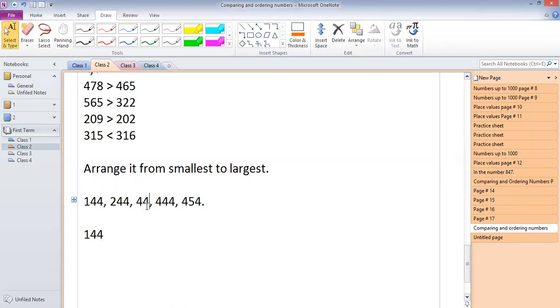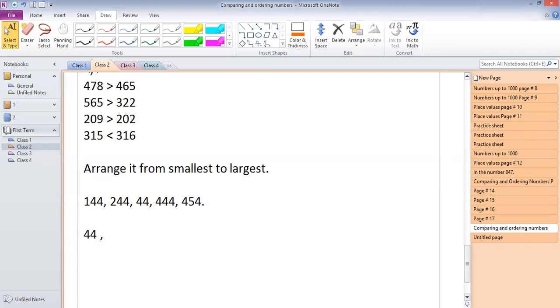Here 0, this is ones, tens, and there is no hundred. So this is smaller than all, because there are no hundreds. There are 400 and there are also 400. So you write 44 first, because 44 is the smallest one.